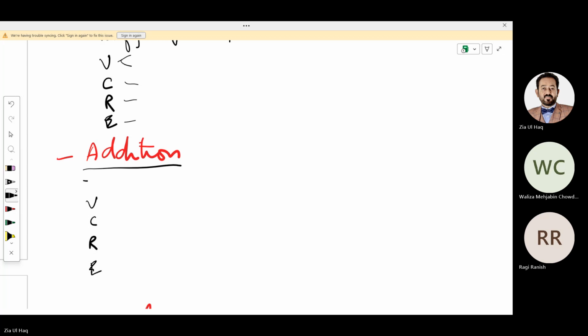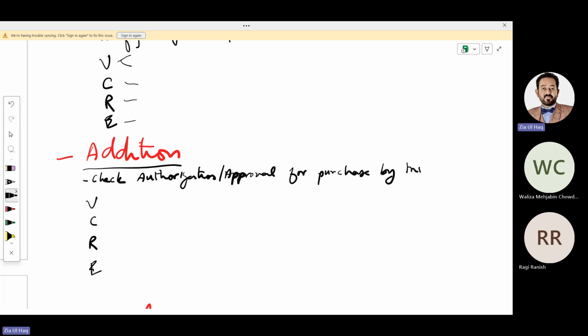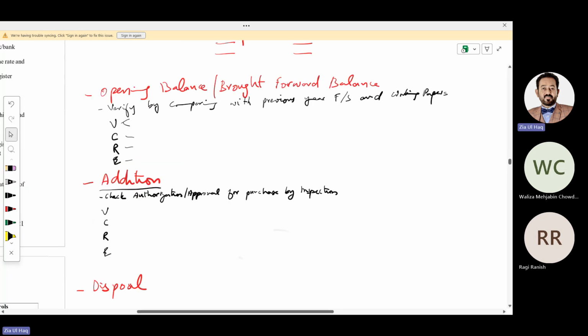So check authorization or approval for purchase. From where? By inspection of board minutes.